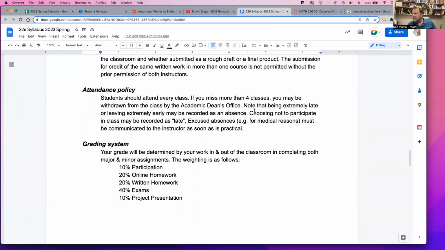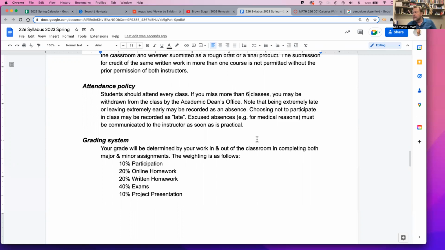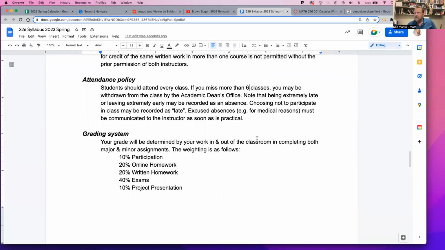It's supposed to be something around 1/5 of that. So 1/5 would be more like 6 or 7. So if you miss more than 6 classes, you may be withdrawn from the course. That would be like missing 2 entire weeks of class. Bear in mind, excused absences are different than unexcused absences.